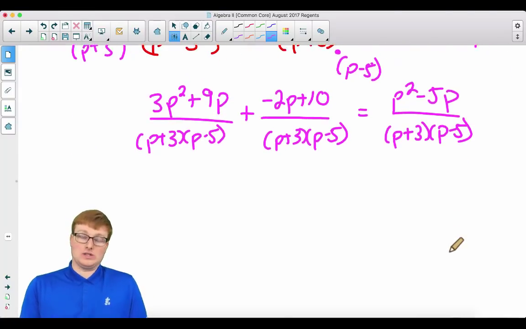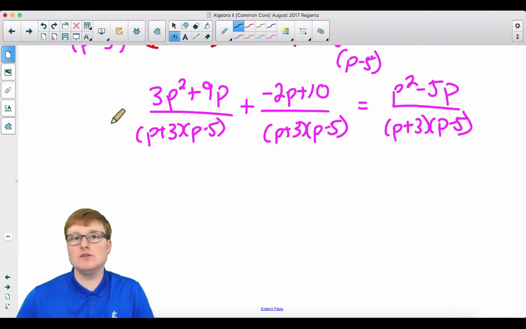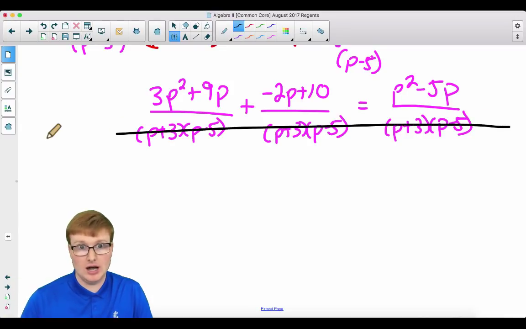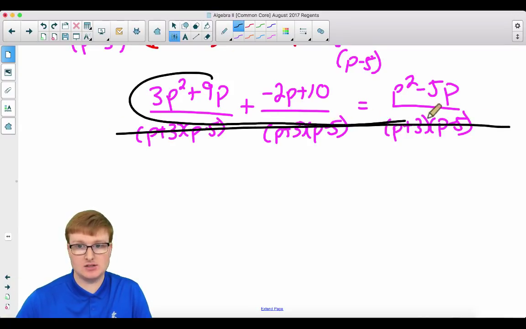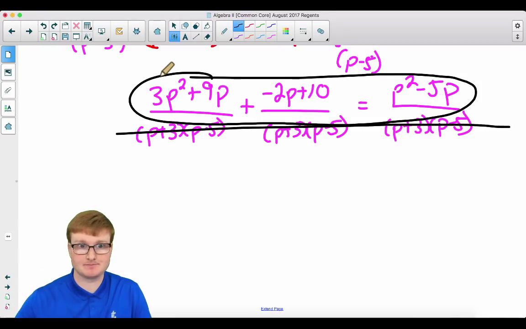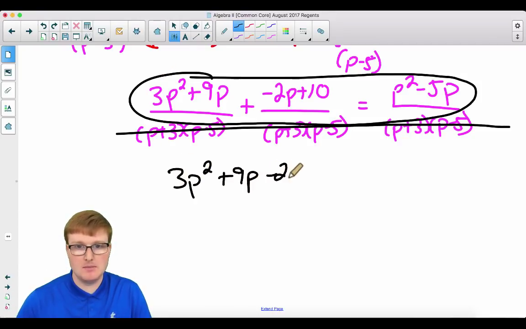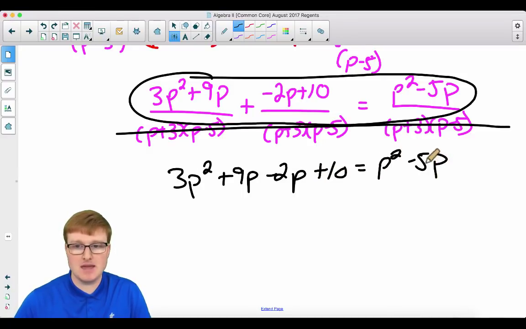Now, what's nice about this is when you have all of the same denominator, wipe it out, gone. Now we just set this up top equal. So, we have 3p squared plus 9p minus 2p plus 10 is equal to p squared minus 5p.